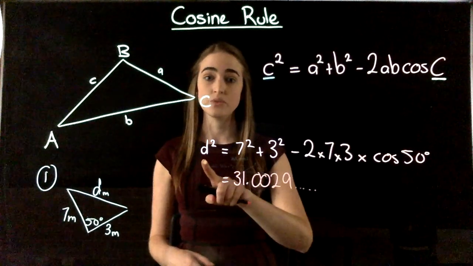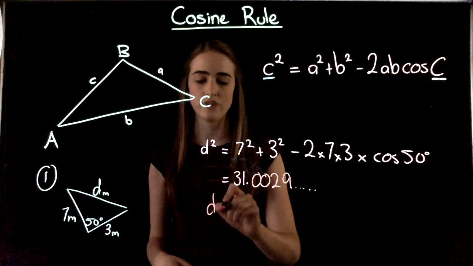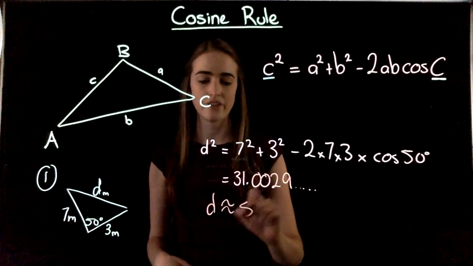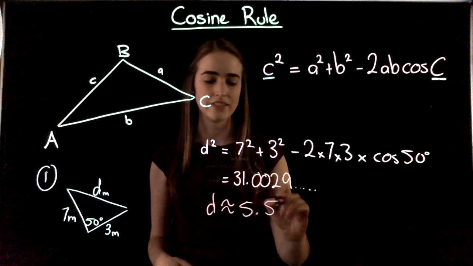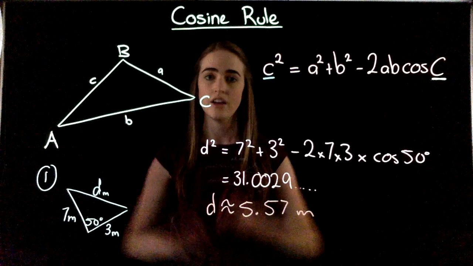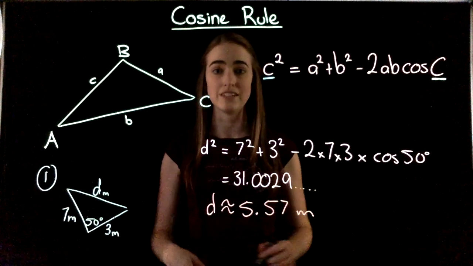But that's what d squared is. We want to know what d is, so we're going to have to take the square root of this number, and it's going to give us approximately 5.57 metres if we round it to 2 decimal places. Alright, so that's one example using the cosine rule to find the length of a missing side.